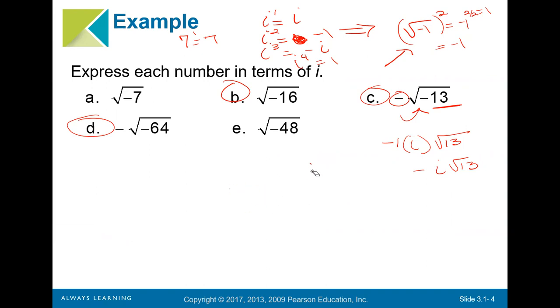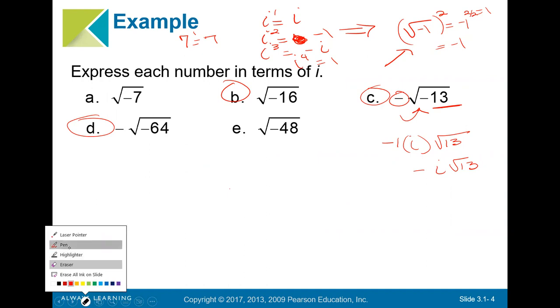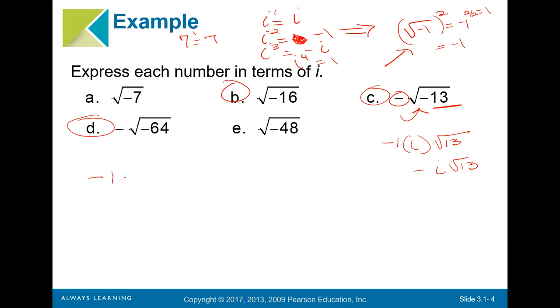So let's go ahead and put it on the outside. Now I look inside this root here: square root of -1 times square root of 64. Let's go ahead and factor down the square root of -1. We know that it's going to be i.